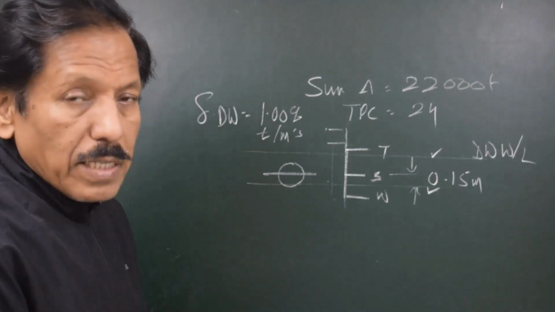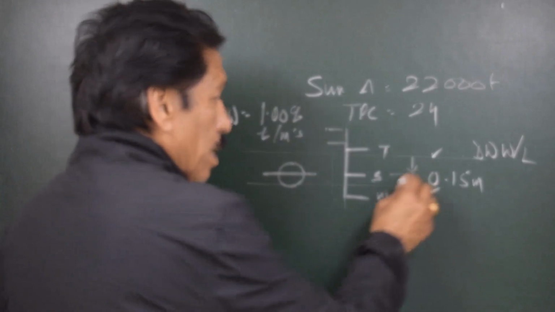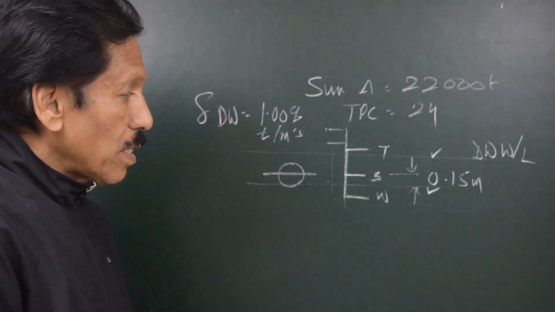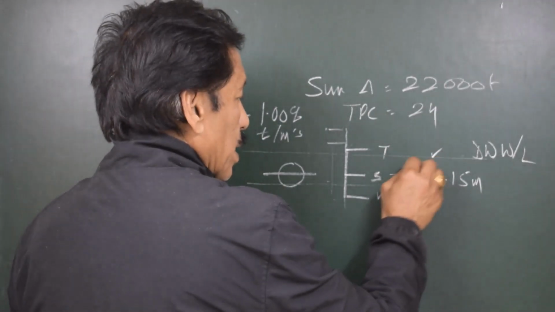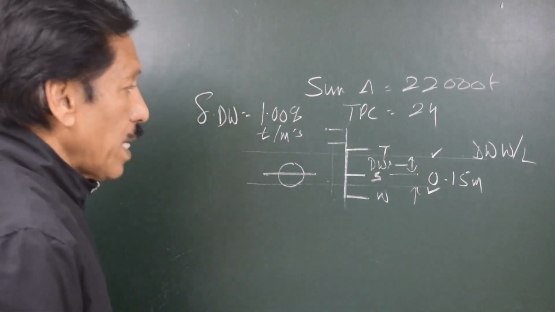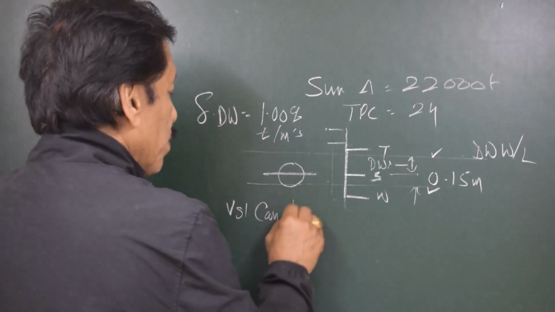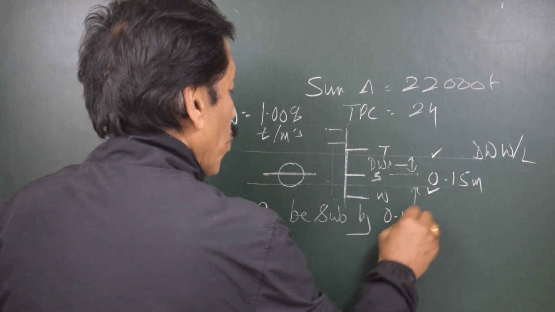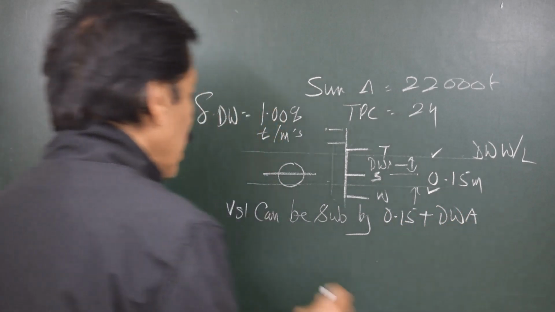So how much sinkage is permitted right now? The sinkage permitted right now is, first of all, this sinkage 0.15 meters, and also additionally this distance, which is the dock water allowance. So presently the vessel can be submerged by 0.15 plus dock water allowance. Now how to find out dock water allowance?